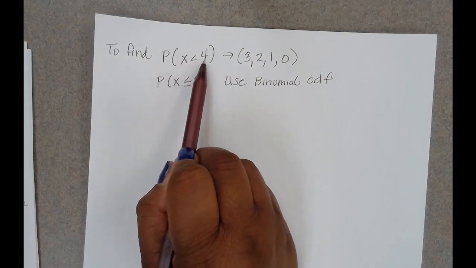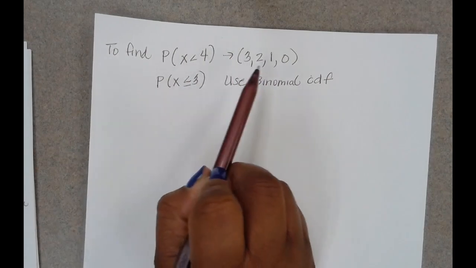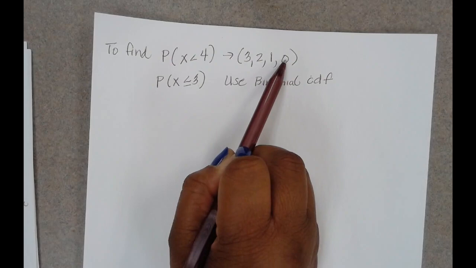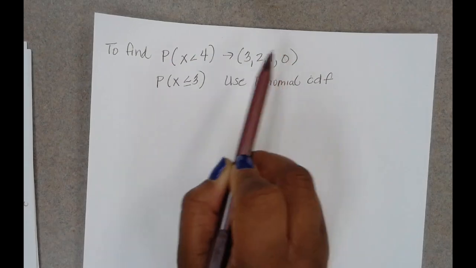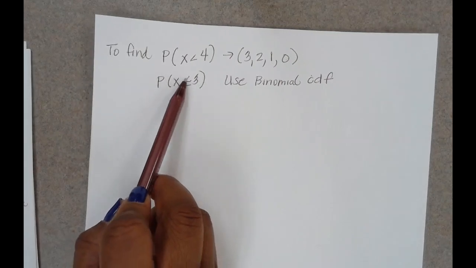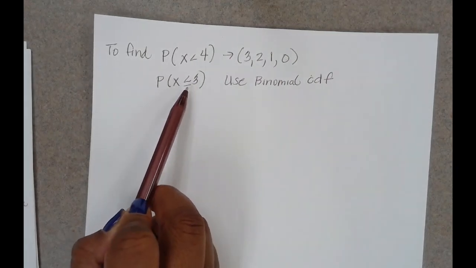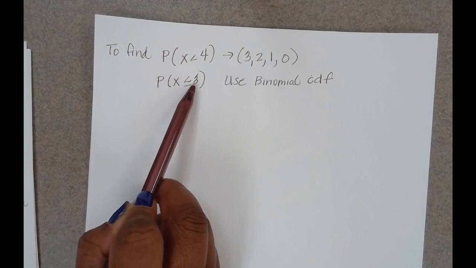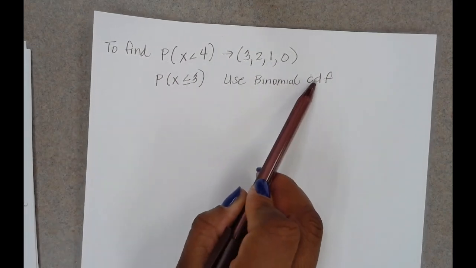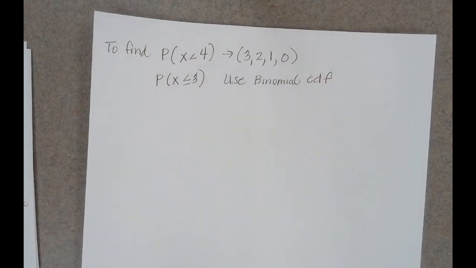The numbers that are less than 4 include 3, 2, 1, and 0 for this context. Well, 3, 2, 1, and 0 can be expressed as X is less than or equal to 3, because X can be 3 and it can be everything less than 3. And since I can write it with that inequality symbol, I can use the binomial CDF function.